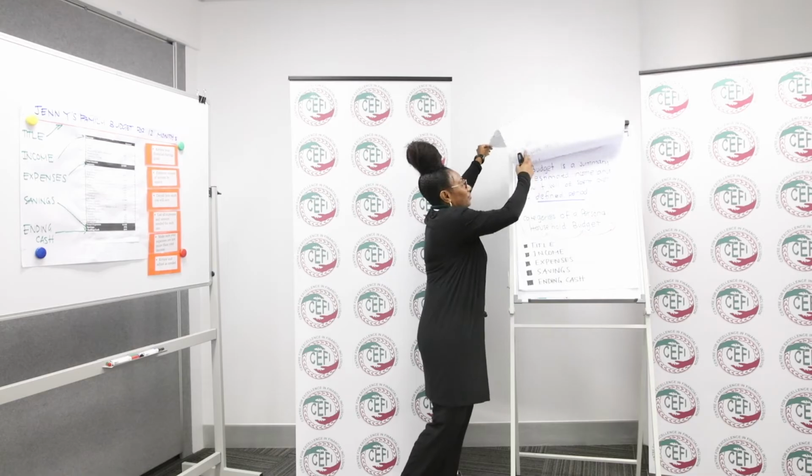So having said that, what is a budget? You may have your own definition of what a budget is, but in very simple terms, a budget is basically a summary of your estimated income and how best you can spend that money over a defined period of time.